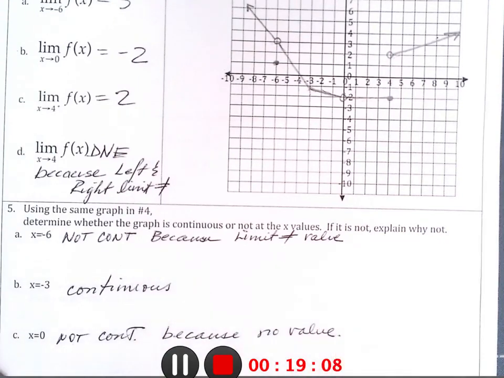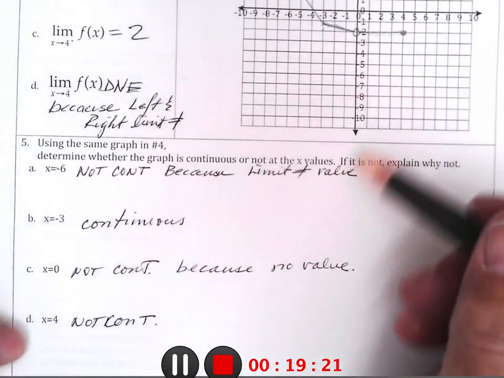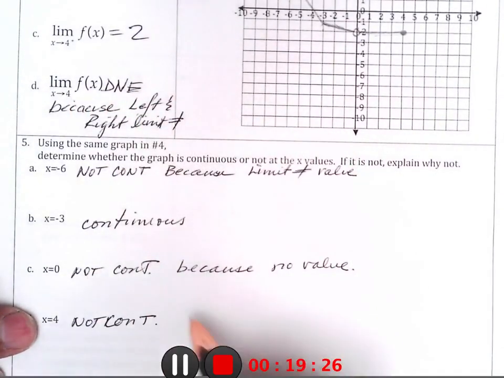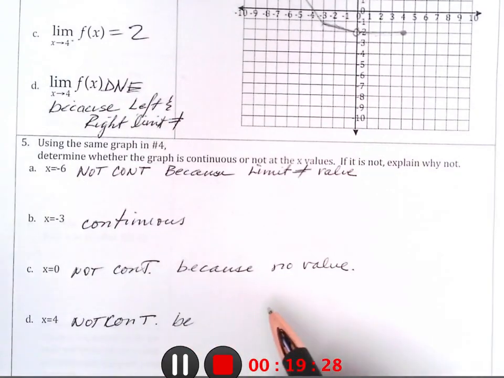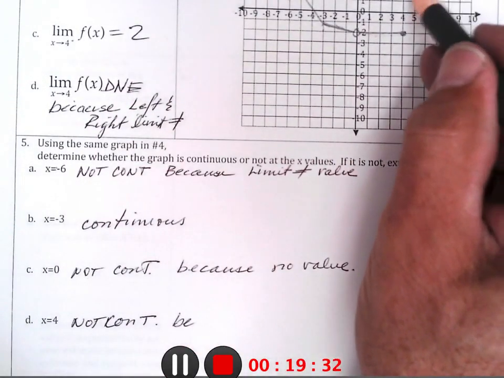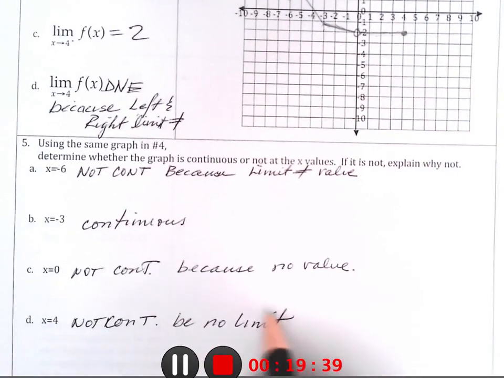And at x equals 4, it's not continuous because at 4, it doesn't have a limit. Because it has to have a limit, and has to have a value. It has a value, but it has no limit because left and right are not the same. Because no limit. That was said in that one.